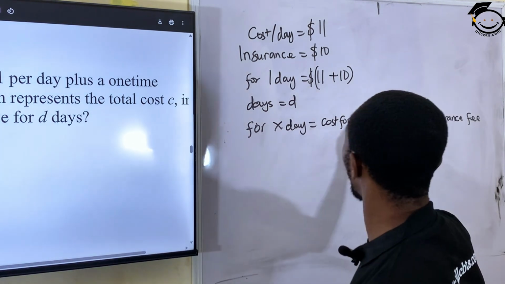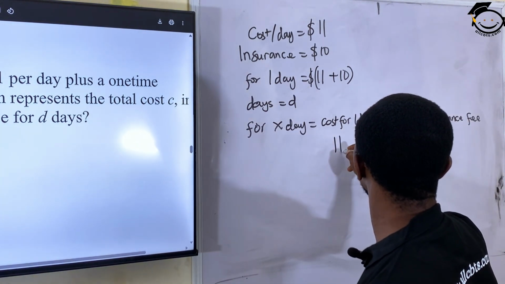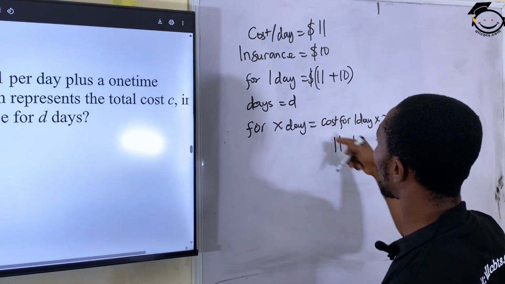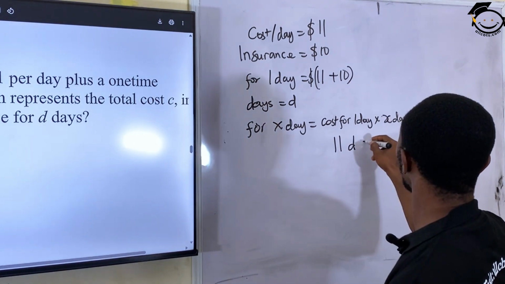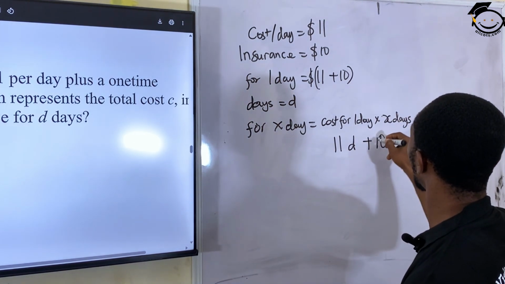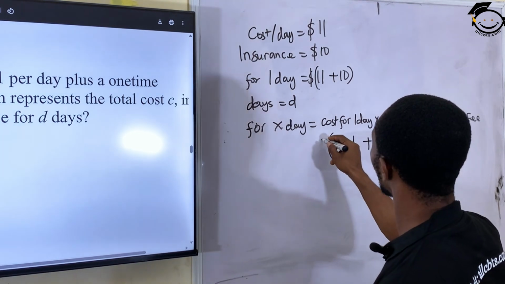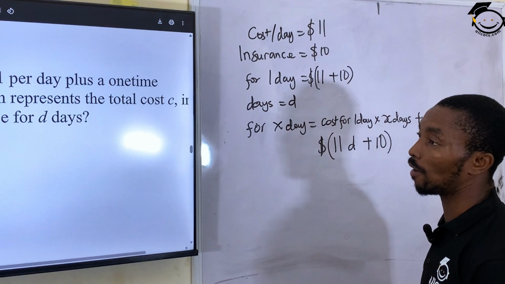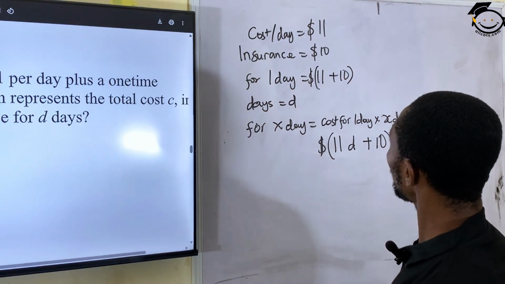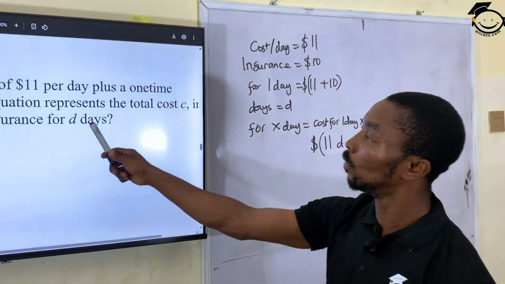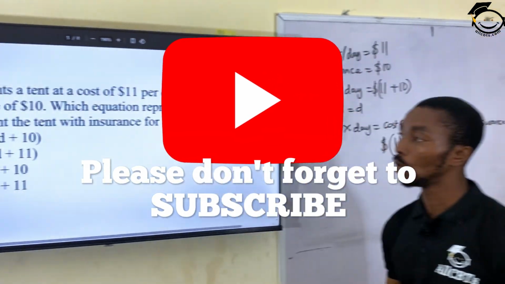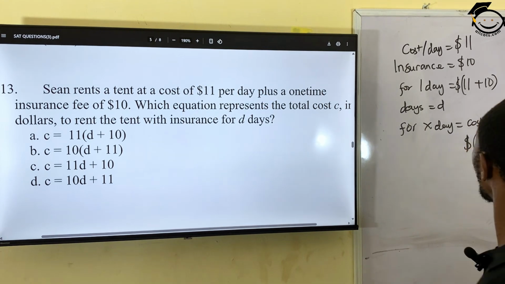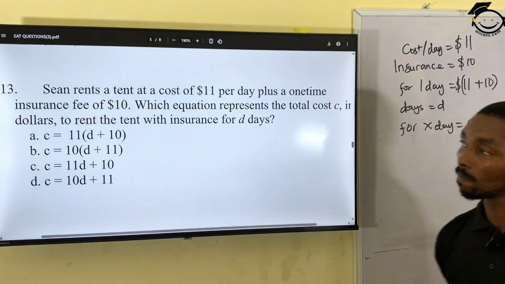So the cost for 1 day is $11. The number of days we don't know, which we represent as D, plus our insurance fee, which is 10. So that would be the formula for renting it for D days. That is 11D plus 10, option C.